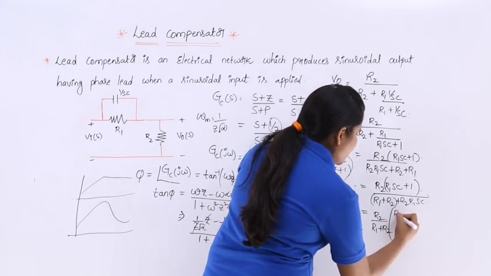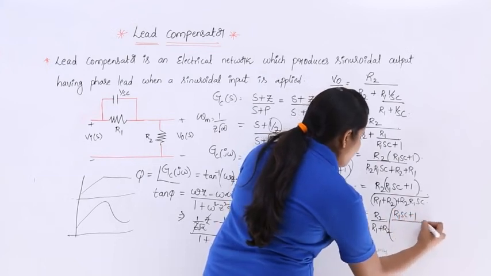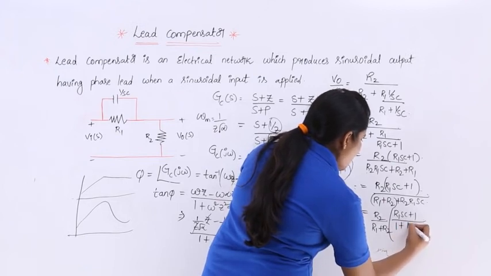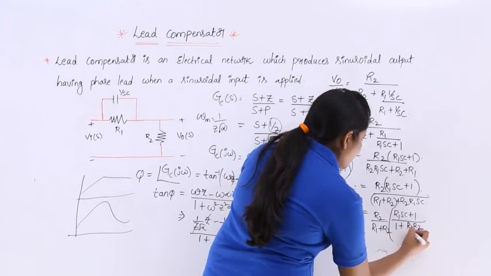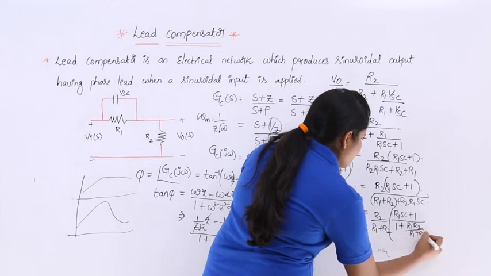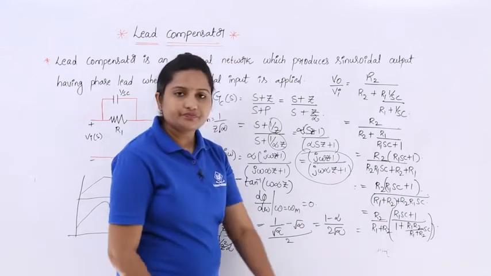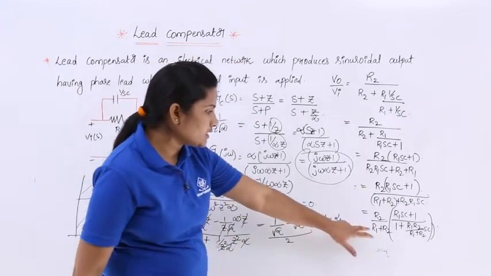So in the numerator you have R1 SC plus 1, and in the denominator 1 plus R1 R2 by R1 plus R2 into SC. This is what you are going to get.